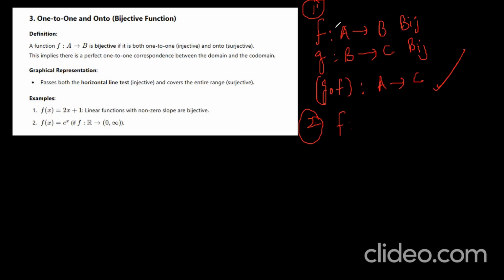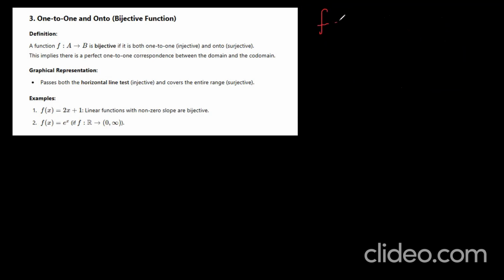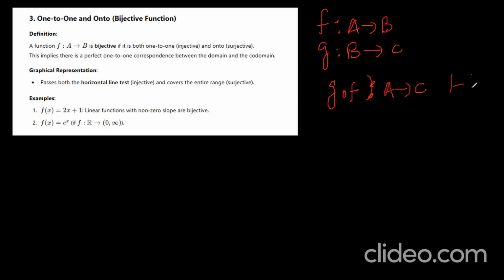One more important point I have to say. F maps A into B and G maps B into C; I am taking two functions like this. Then if G circle F maps A into C is 1 to 1, then F maps A into B is necessarily 1 to 1.